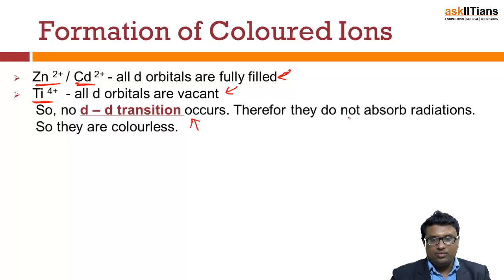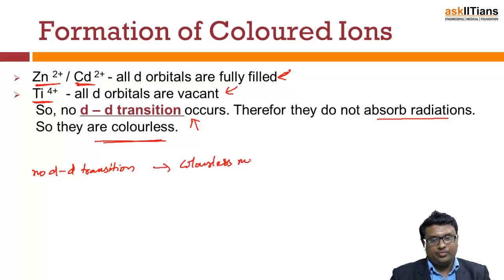Therefore they do not absorb radiations, so they are colorless. So once there is no d-d transition, it is a colorless metal ion, right? So this is very important.